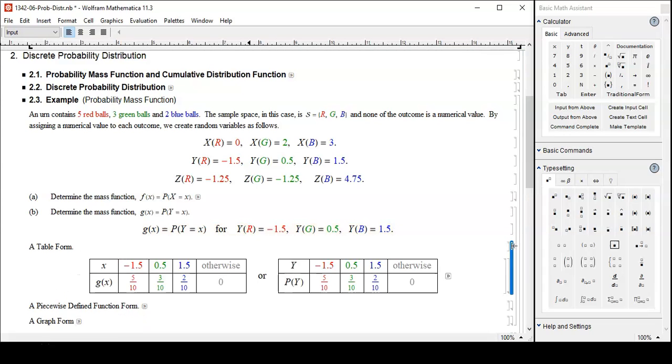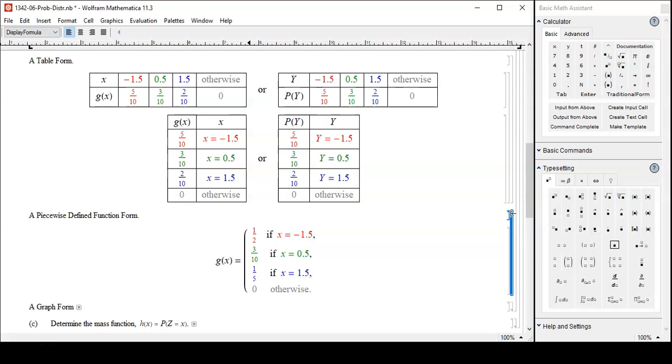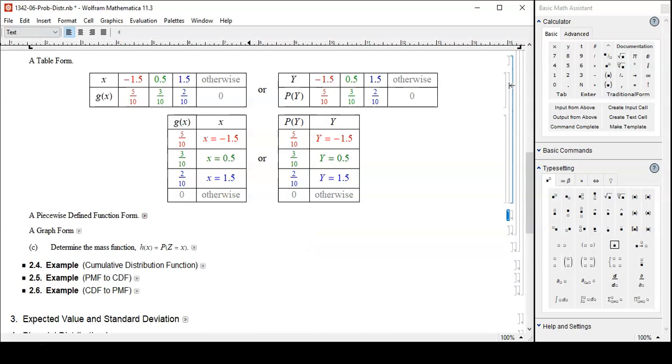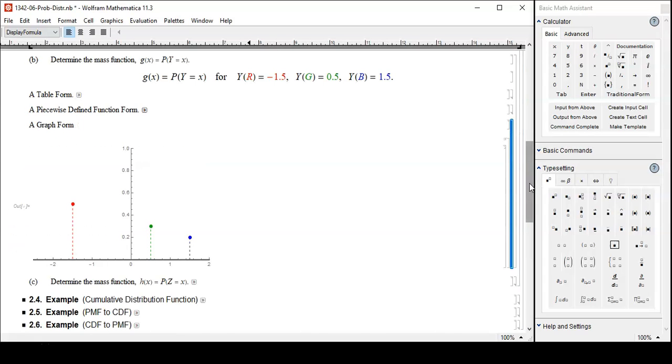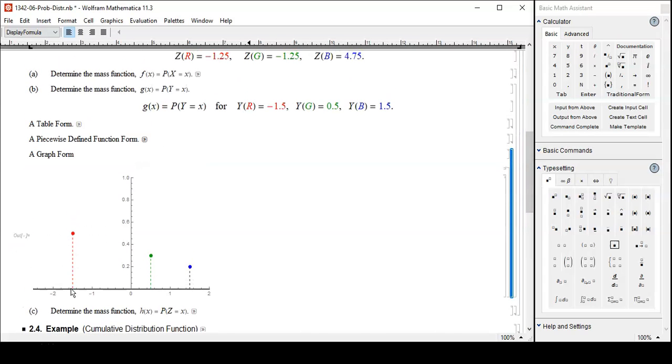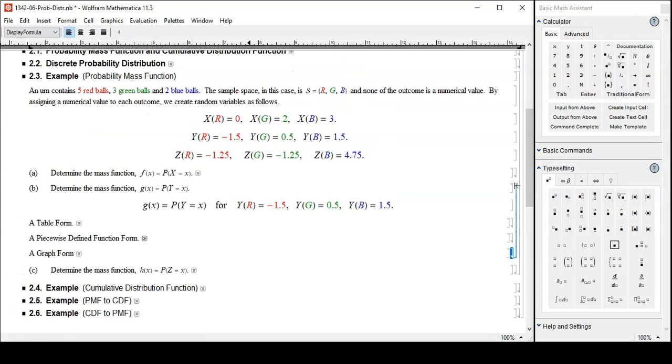In the end, you're going to get these. Clear? Vertical tabular form, piecewise function form, and then finally, if you graph it, you're going to get these dot plots. Negative 1.5, 0.5, 1.5, those are x values, and heights are the probabilities. Heights all add up to 1 as before.